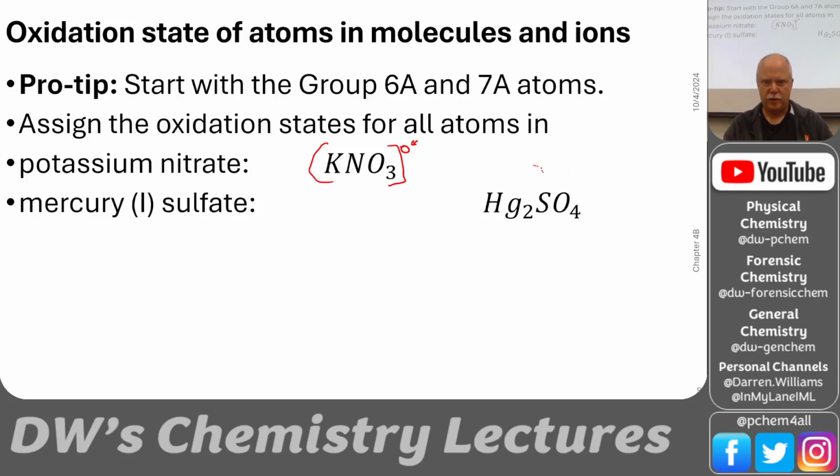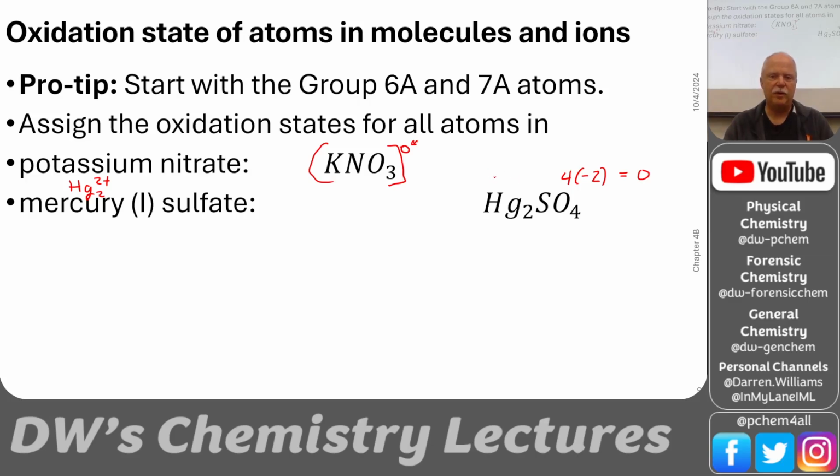Okay, so I've got 4 oxygens, and there's a -2 for each of those. The whole molecule is 0 charge, so it has to all cancel out. Do y'all know what the mercury(I) is? It's Hg2 2+. So this whole thing is a 2+.